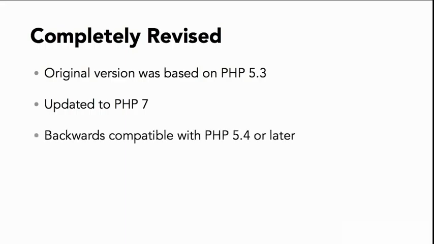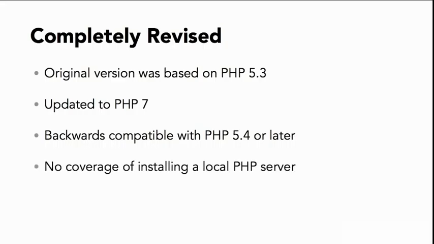But all of the techniques in this course are backwards compatible with PHP 5.4, which at the time of this recording was still being used on nearly a third of all PHP servers. Although some code will work only in PHP 7, I always show you an alternative for older versions of PHP.